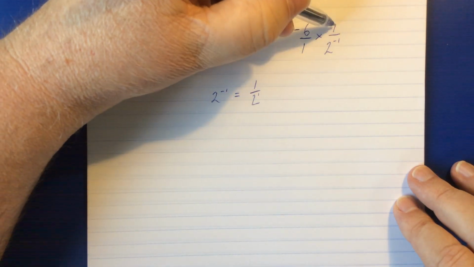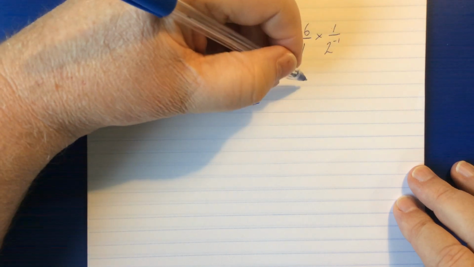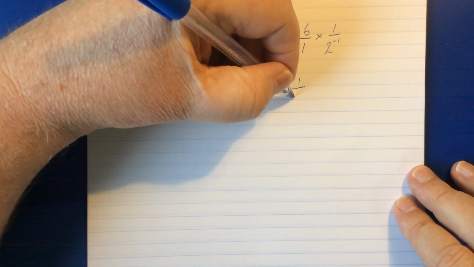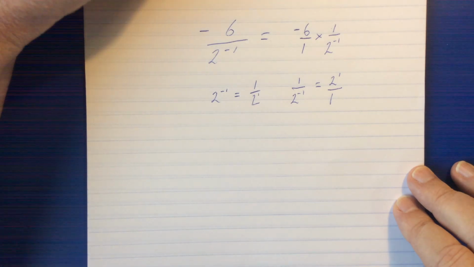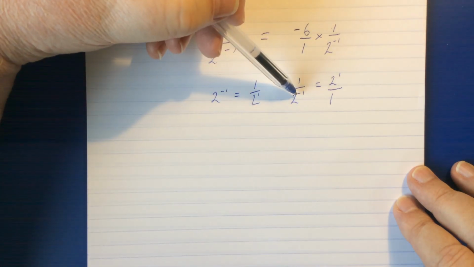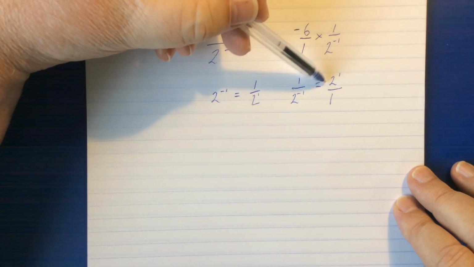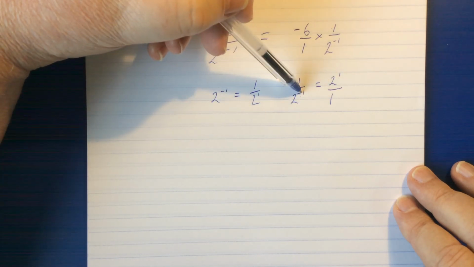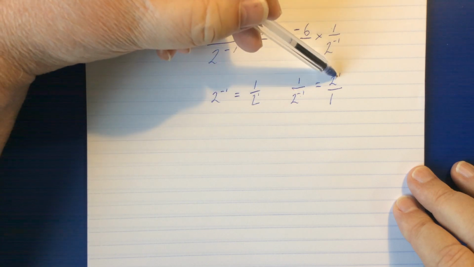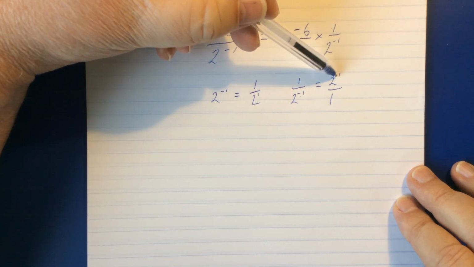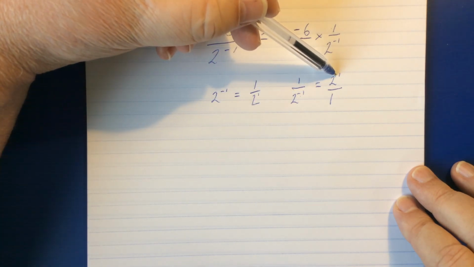A quick way of looking at this is simply to say that 1 over 2 to the power of negative 1 is equal to 2 to the power of 1 over 1. If we want to get rid of the negative index, we simply move this to the top of the fraction and get rid of the negative sign.